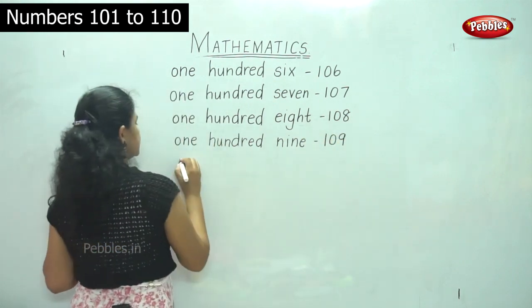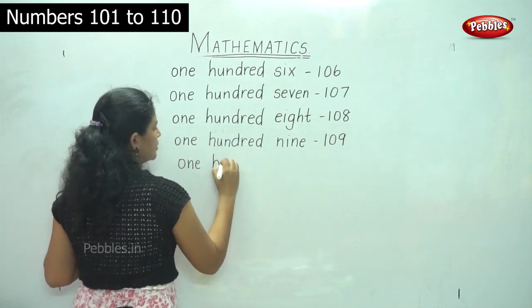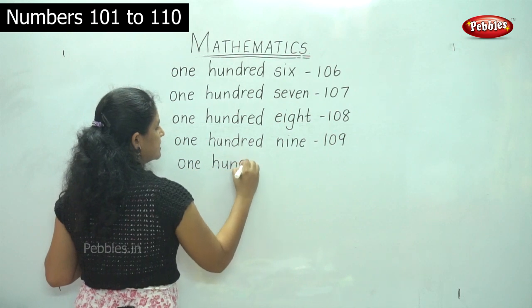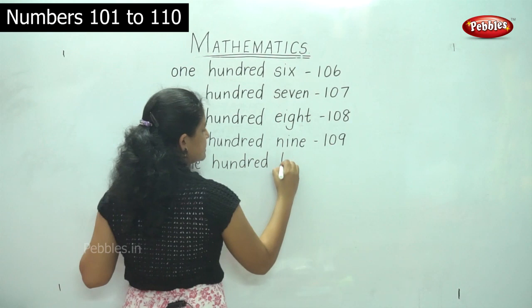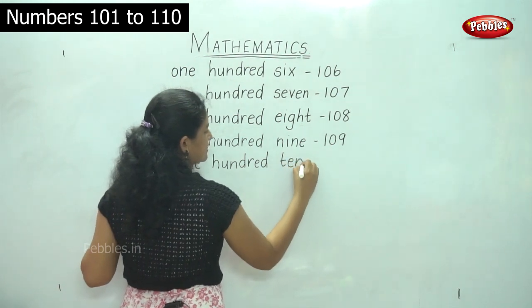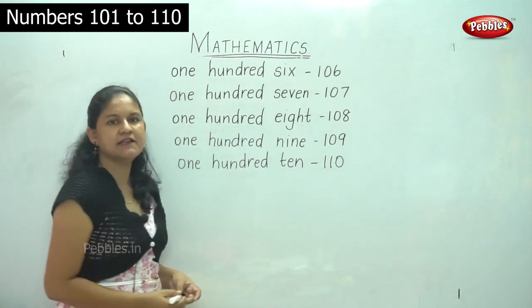And the last number is O-N-E, 1, H-U-N-D-R-E-D, 110. T-E-N, 10. So 110.